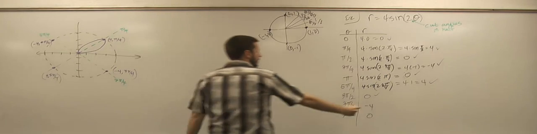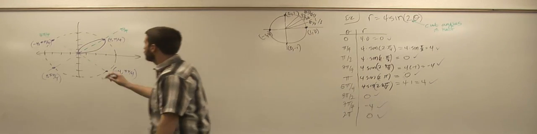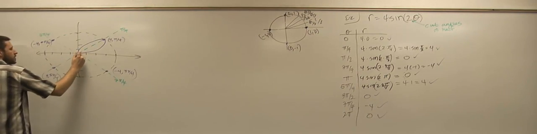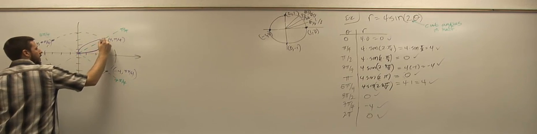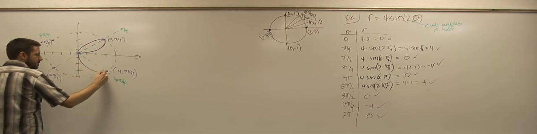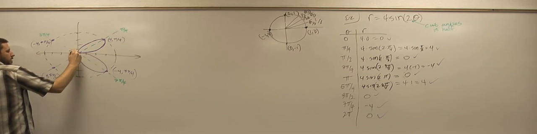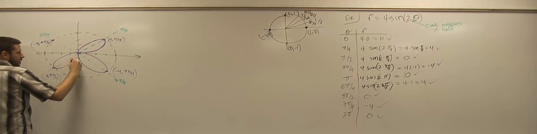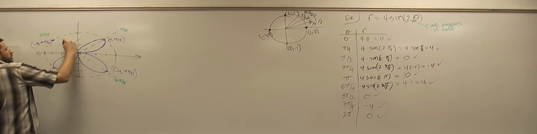That gives me this guy, and back to 0. All right, so first I go out to pi over 4. Then actually this is my 2nd point. Then I come back out here. Finally.